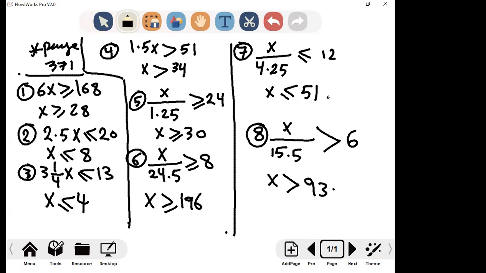Like question 8. May wants to make more than 6 gift baskets for the school raffle. It's clear, more than 6, right? Each gift basket costs $15.5.